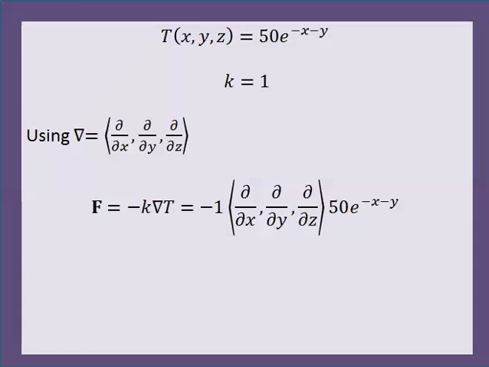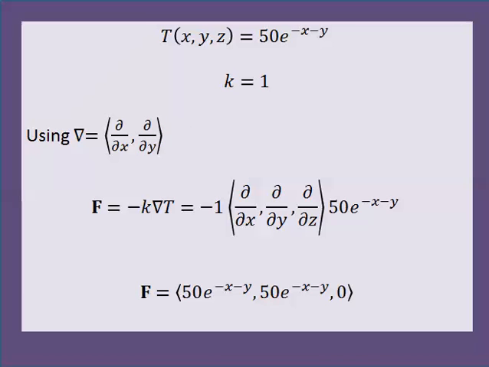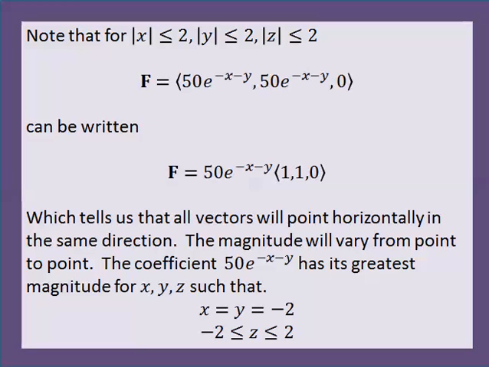First, we're going to find negative K times the gradient of T. Our x and y components are identical. Our z component is 0. If we take out 50 e to the negative x minus y, we're left with the vector 1, 1, 0, which tells us that at every point in the cube, the vector is pointing in the exact same direction.